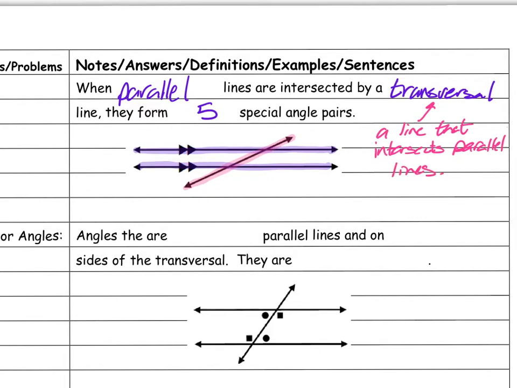Okay, so that's all it is. And notice it forms a whole bunch of different angles. Well, that's what we're going to define right now, all of those different angles. They have names, and the names have to do with where those angles are. So we're going to go ahead and move on.